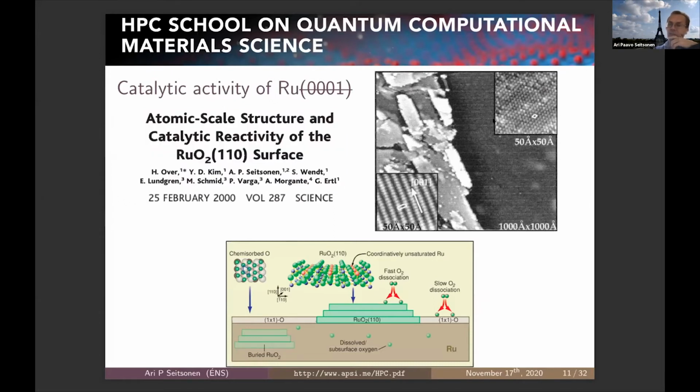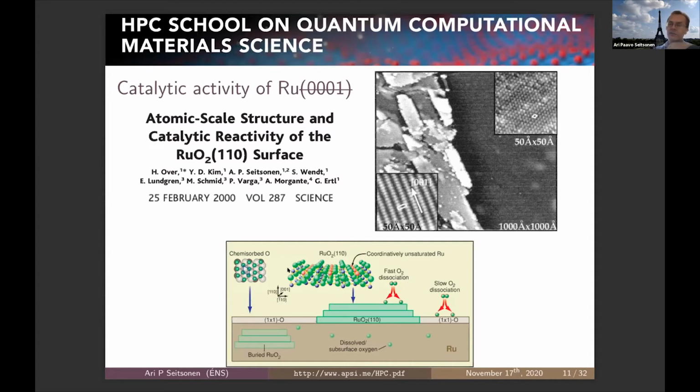This image is an experimental image using the so-called scanning tunneling microscope, STM. On the right, there's still the metallic ruthenium covered with oxygen, and one sees this hexagonal pattern. On the left, these are two zooms into the main image, and we see these rows and protrusions, which is actually the ruthenium dioxide.